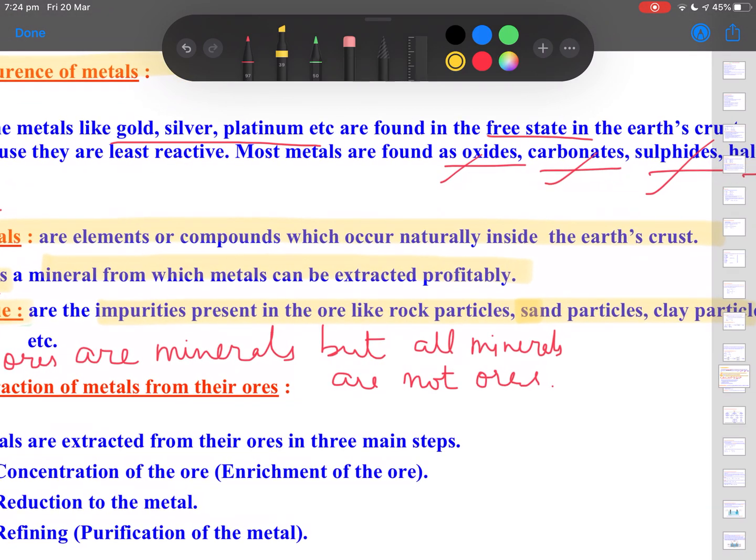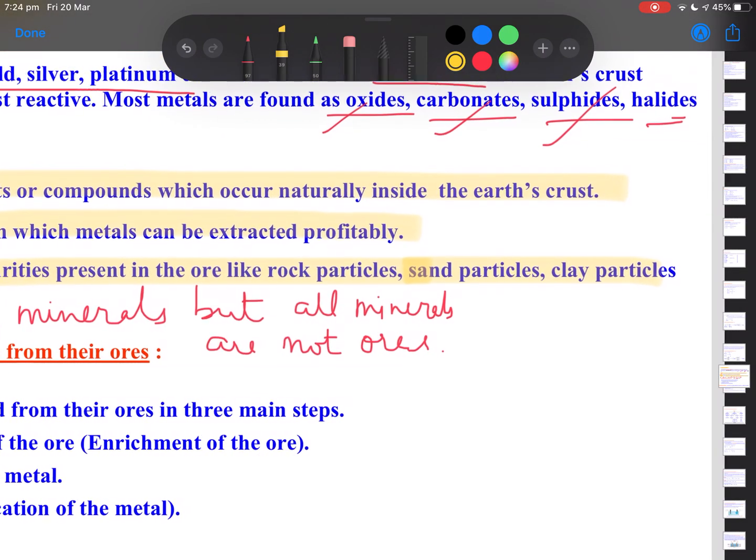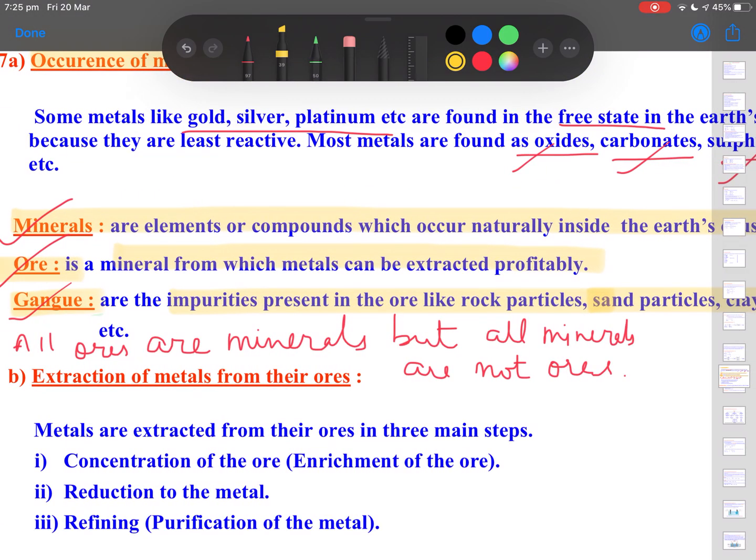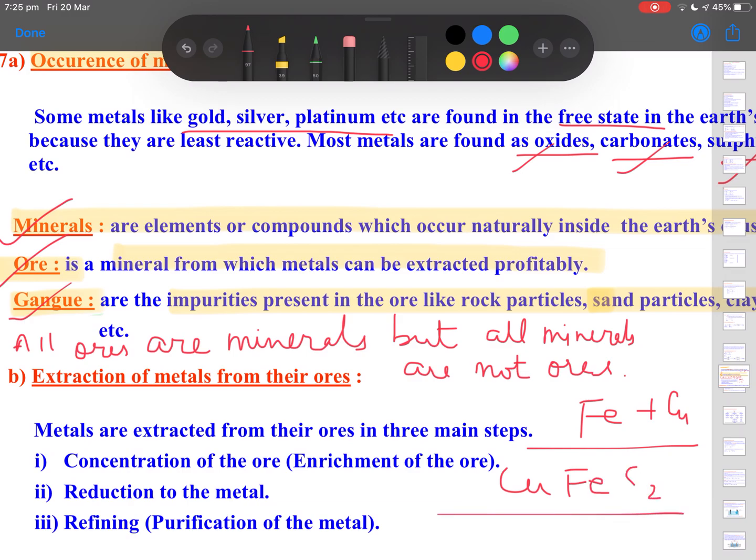Usually the gangue particles are sand particles, clay particles, some rock, or sometimes two metals may be present together in a combined form as a mixture, and our interest is not in extracting both the metals. For example, in grade 12 you will learn that iron and copper sometimes exist together as CuFeS2, copper pyrites.